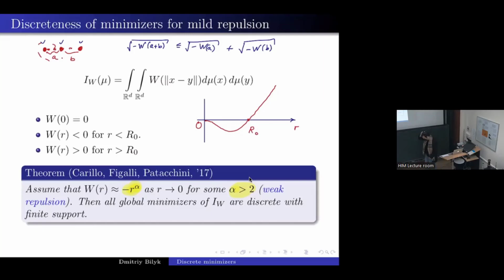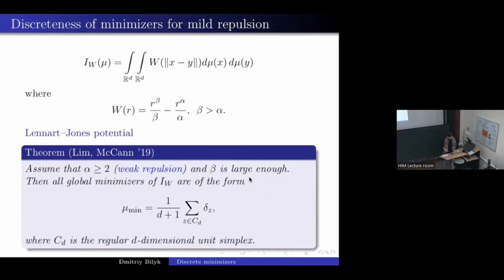In some situations, more can be said. You can find what the specific minimizers are. And then again, a fairly recent result of Lim and McCann says the following: if you take this potential, which is known as the Lennard-Jones potential. Well, okay, the Lennard-Jones potential from physics has negative powers, but this is the analog of the Lennard-Jones potential with positive powers.